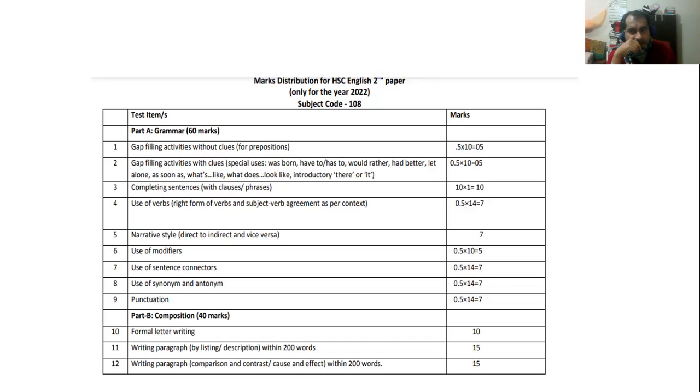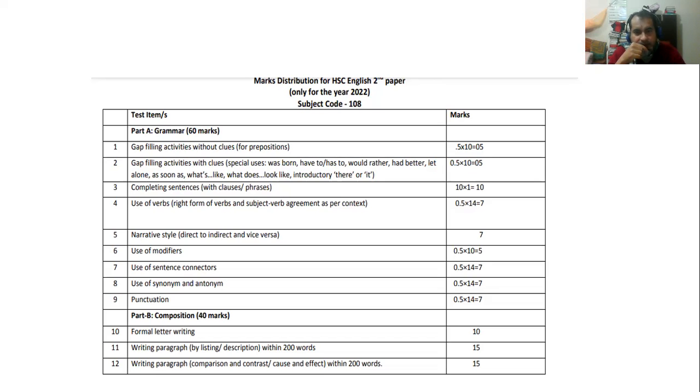Letter writing, 10 marks. Then there is writing paragraphs within 200 words, 15 marks. And writing paragraphs again, the first one is by listing paragraph or description, and the next one is another type of paragraph. You'll have to write 2 paragraphs actually. This paragraph is by comparison and contrast, cause and effect.